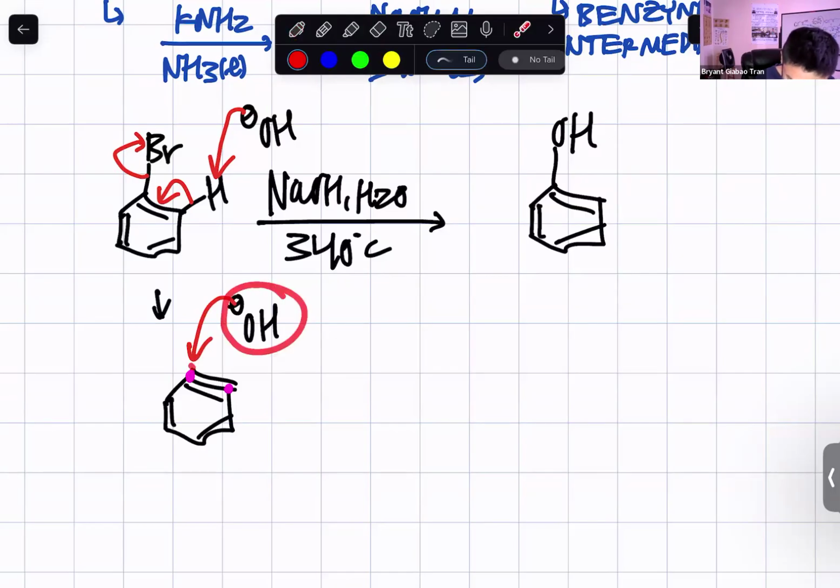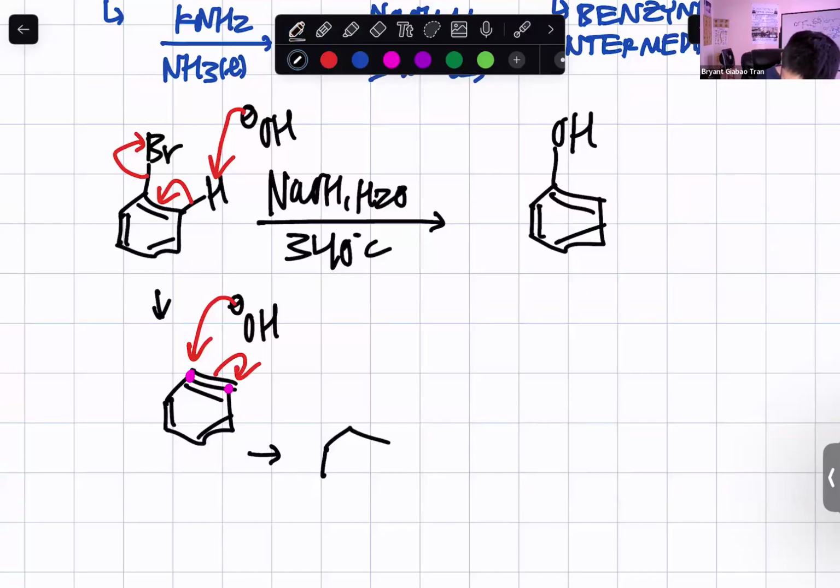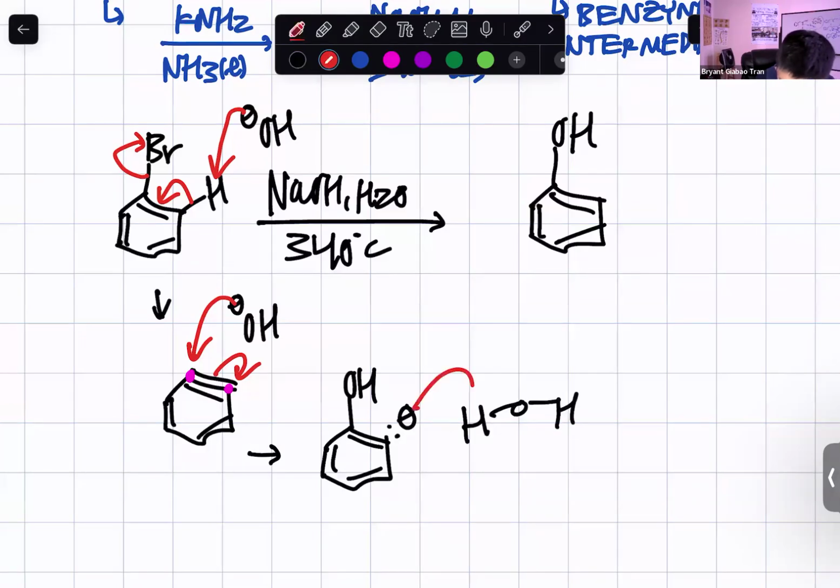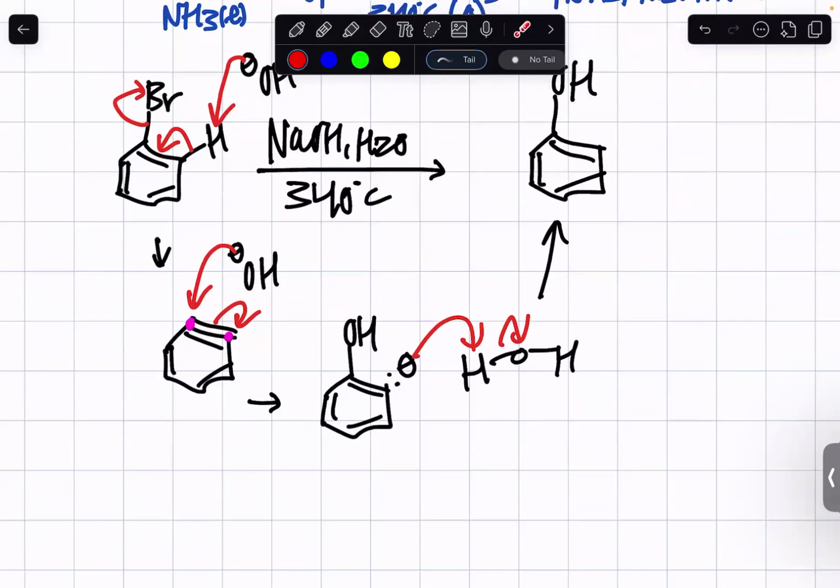So the OH minus is going to attack one of those carbons and push one of the bonds onto the other carbon to give that carbon a negative charge. Now, once that carbon has a negative charge, the last step is just to protonate the negative charge with whatever proton source we have, which is the water here. Like that. Okay. Right.